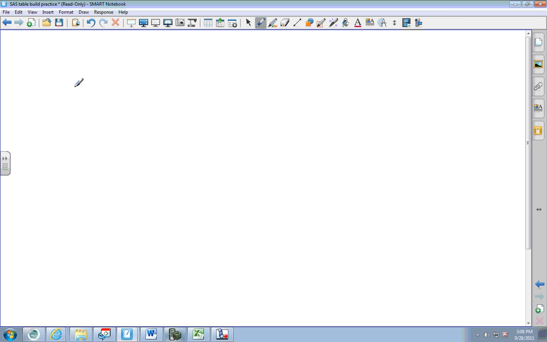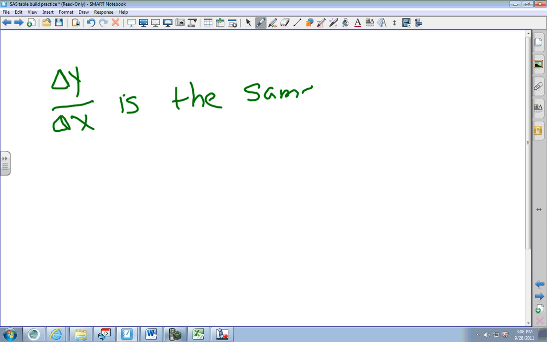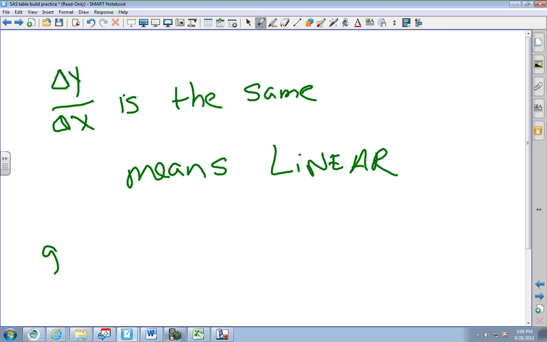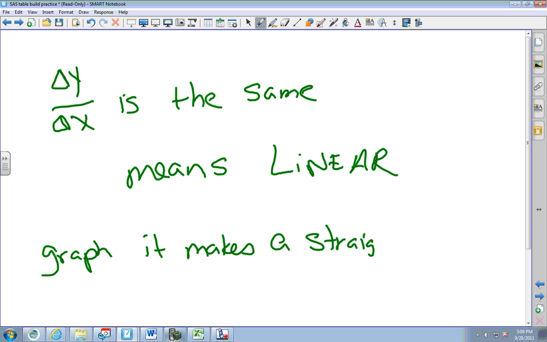Next, we also talked about if delta y over delta x is the same, that means that it is linear. Linear means that we can graph it. And when we graph it, it makes a straight line.